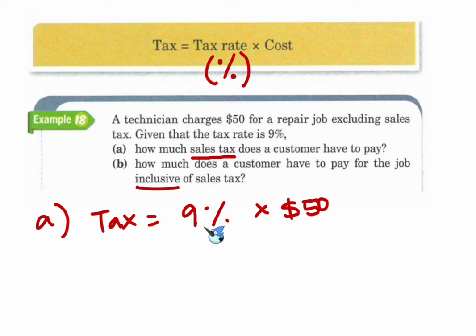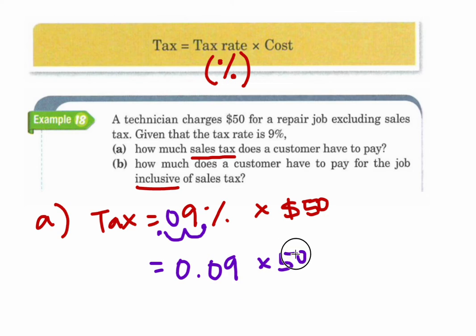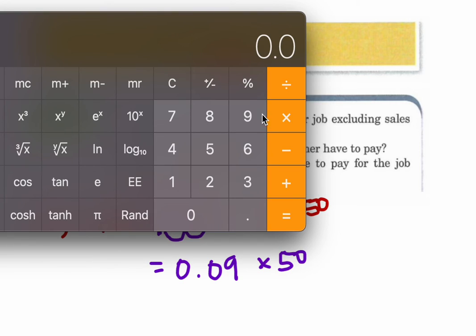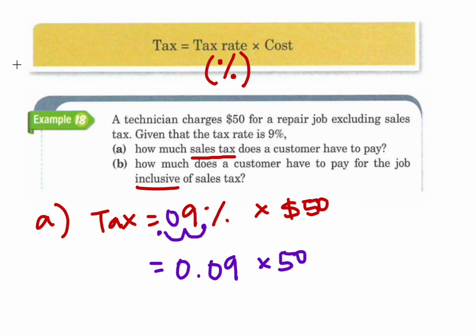To change it into a decimal, we know that the decimal point is already to the right-hand side of the 9. So we're going to move it over 2 times. So it becomes 0.09 times 50. Put that into your calculator, and then you have your answer, 0.09 times 50. That's the tax that you're paying, $4.50.